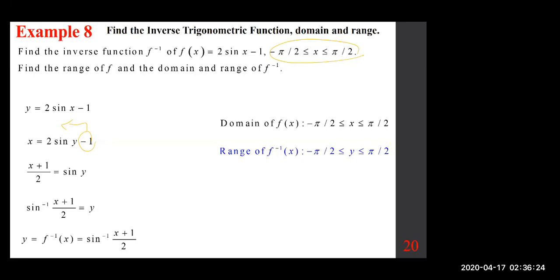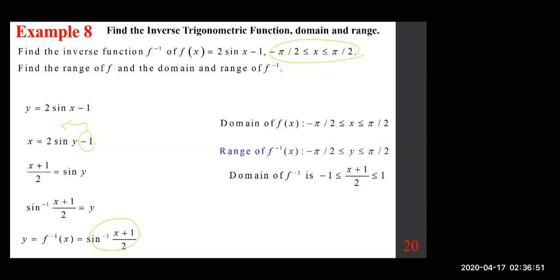We found the sine inverse. And what's going on with the sine inverse? The domain of sine inverse is negative 1 to 1. That means the argument of sine must be between negative 1 and 1, and we're going to solve for x. So how do we do that?